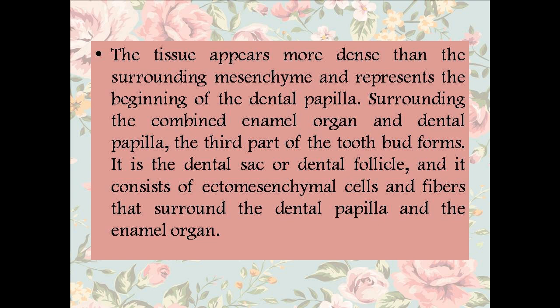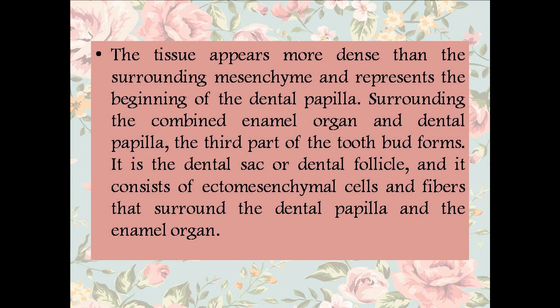It consists of ectomesenchymal cells and fibers that surround the dental papilla and the enamel organ. Thus, the tooth germ consists of the ectodermal component, that is your enamel organ, and the ectomesenchymal component, that is the dental papilla and dental follicle. So, the enamel organ is ectodermal in origin. Don't confuse yourself.